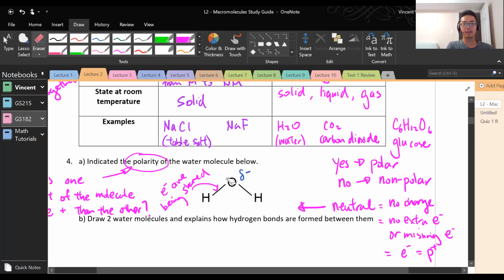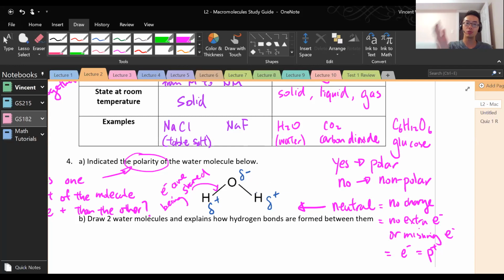So slightly negative on the oxygen because the electron is being pulled towards it, and the hydrogen will be slightly positive. So overall, the molecule is polar because part of it is more negative compared to the other, but overall it is neutral. If you have to describe a water molecule, you would say it is neutral but polar.